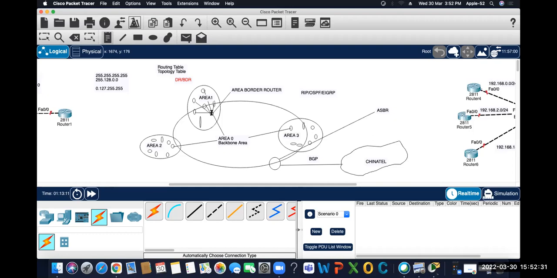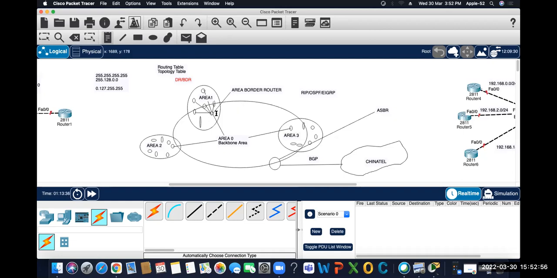They communicate to the DR, the designated router, and the DR gives information to every other router. You can say that DR acts as a center point for all routers. They don't communicate with each other directly; they communicate through the DR.